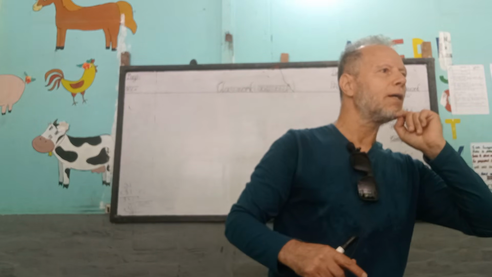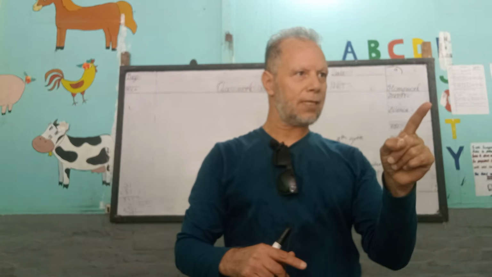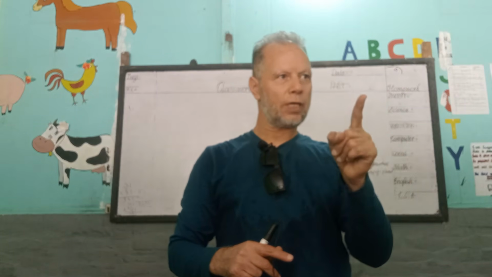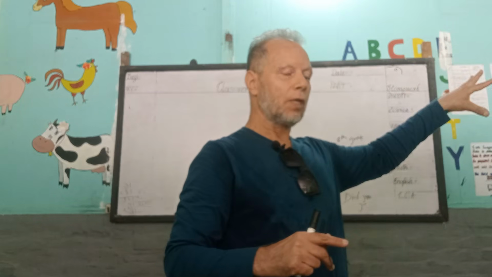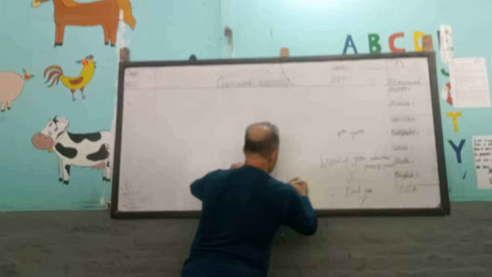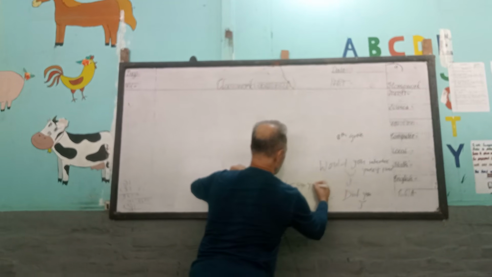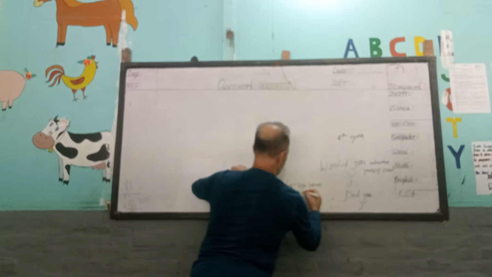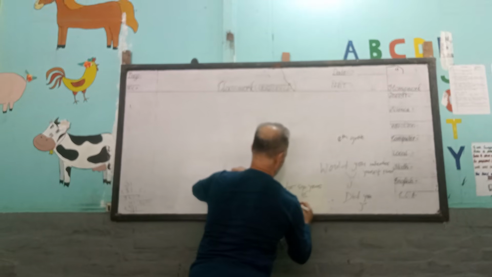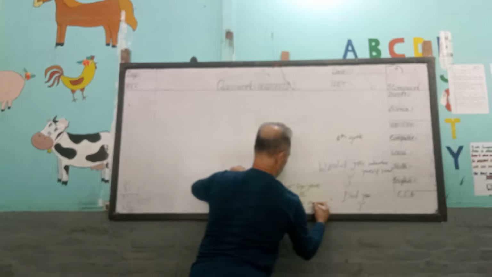What year? Now it's 6 years. Okay, since 2020. Since 2020, since it's a specific year, or for 6 years. You can say for 6 years, or since 2020.